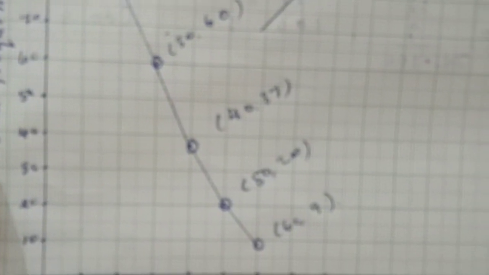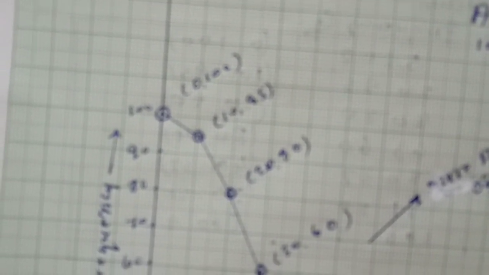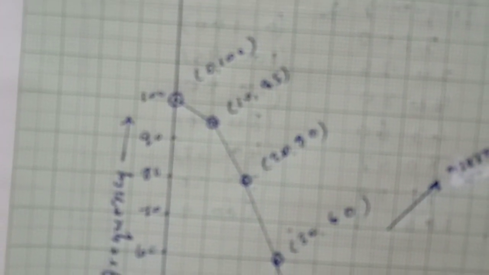Next, 20, 80. And then 30, 60. Next, 40, 37. 37 means after 30, 7 divisions. In case we had chosen the scale as 1 cm equal to 5 units, each unit denotes 2 divisions, or 2 divisions make 1 unit.